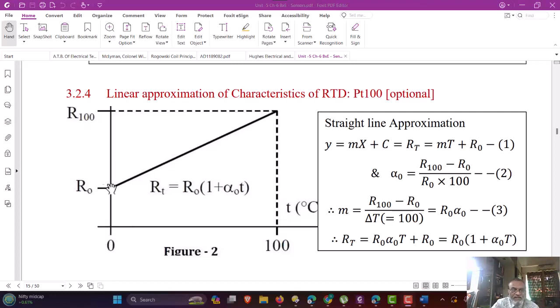At 0 degrees centigrade, PT100 sensor is having the resistance R0 of 100 ohm and it linearly increases with temperature. From 0 to 100 degree, the change in resistance will be from R0 to R100. And it is shown by an approximate straight line that is governed by the equation R0 into 1 plus alpha 0 T, where alpha 0 is the temperature coefficient.